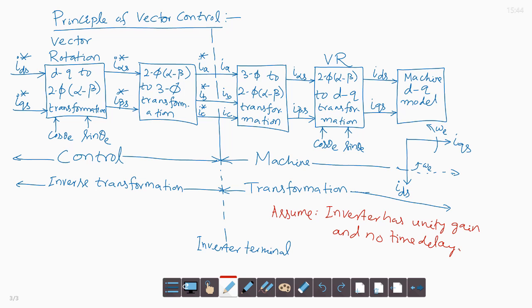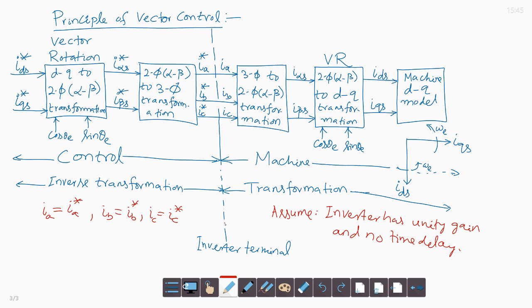That means the inverter gives IA equal to IA star instantly, IB equal to IB star instantly, IC equal to IC star instantly. The inverter is not shown here, just as a border. So, the inverter instantly feeds the same currents IA, IB, IC, equal to the command values IA star, IB star, IC star, to the motor.